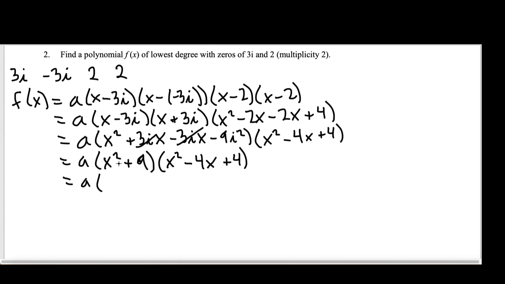So x squared times x squared is x to the 4th. x squared times negative 4x is minus 4x cubed. x squared times 4 is plus 4x squared. 9 times x squared is plus 9x squared. 9 times negative 4x is minus 36x. And finally, 9 times 4 is plus 36.